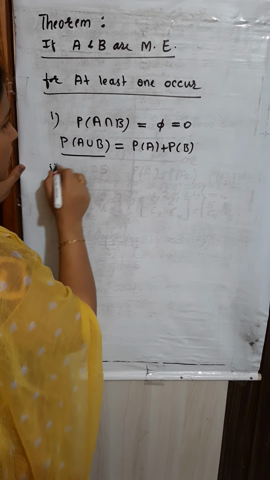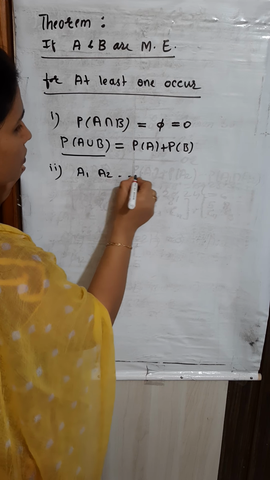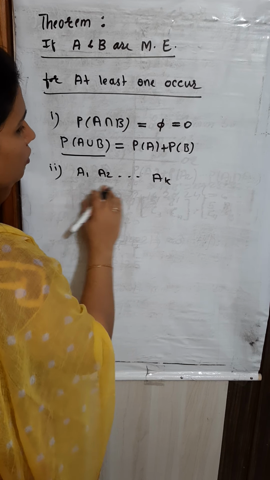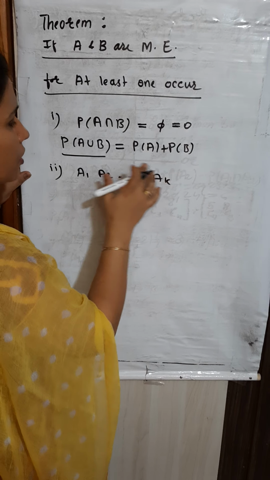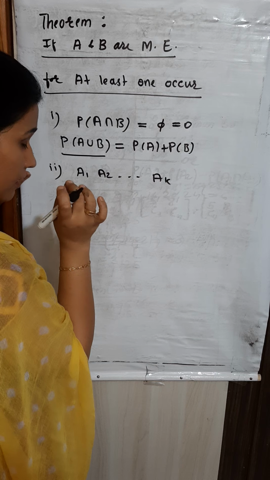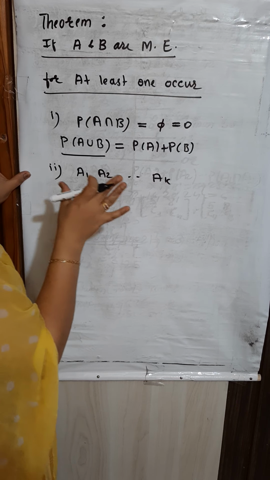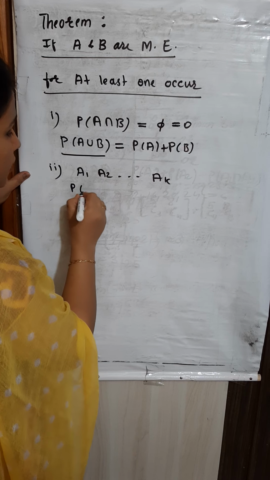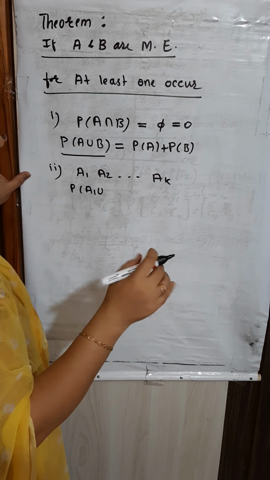Second, a similar statement for K events. If there are K events A1, A2, and so on up to AK, and these are all mutually exclusive, and at least any one of them occurs, what is the probability? At least one of them means कम से कम एक और ज़्यादा से ज़्यादा सब.